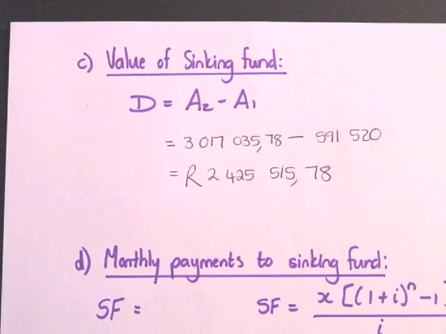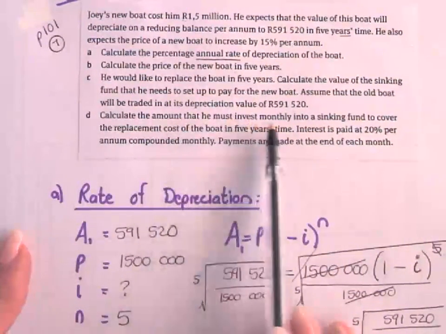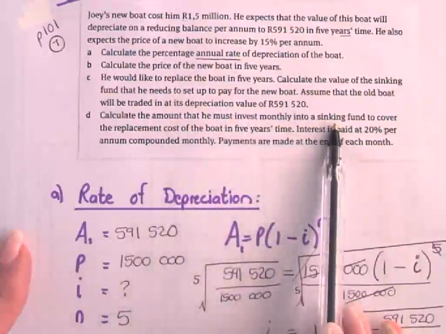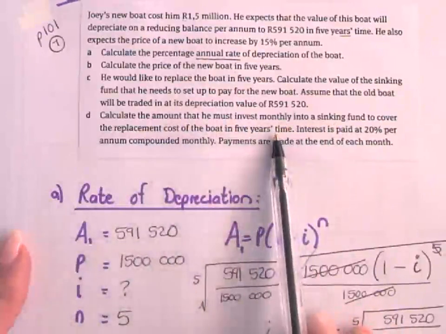Number D. Calculate the amount that you must invest monthly into the sinking fund to cover the replacement cost of the boat in 5 years' time.